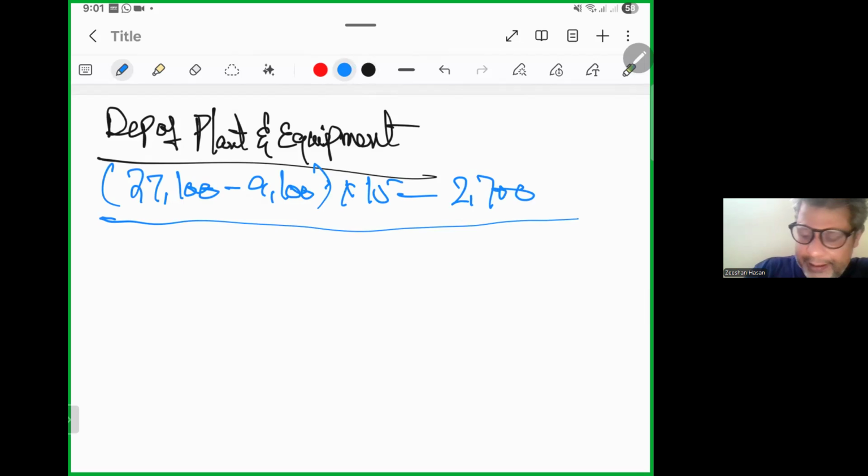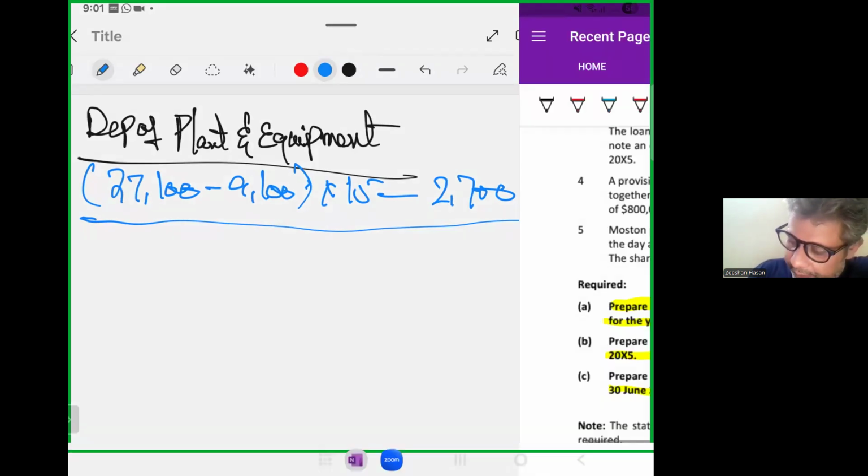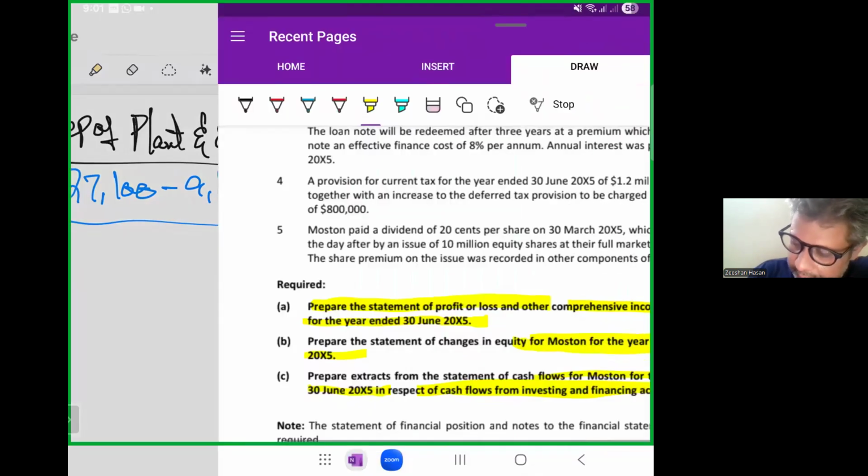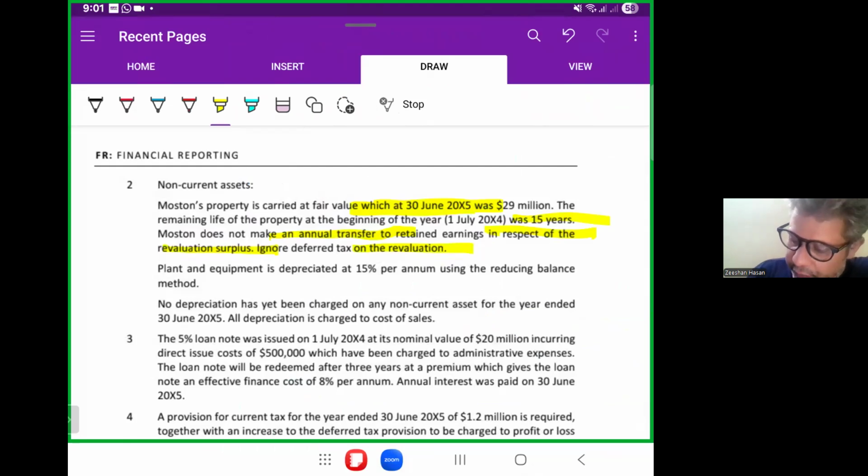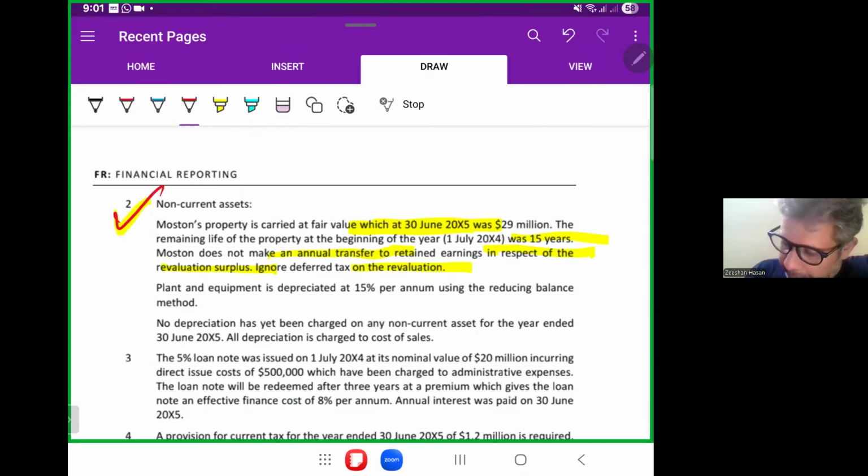Okay, so far so good. We are done with the two adjustments till now, the first and second. Now we will move to the next one.